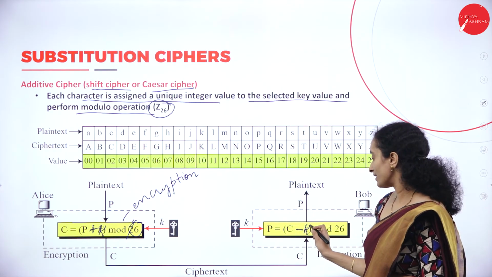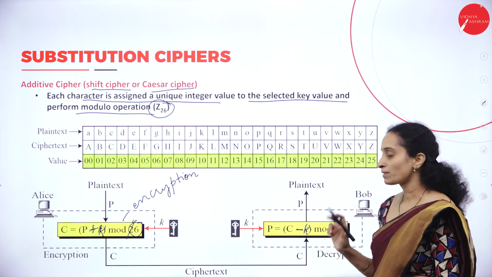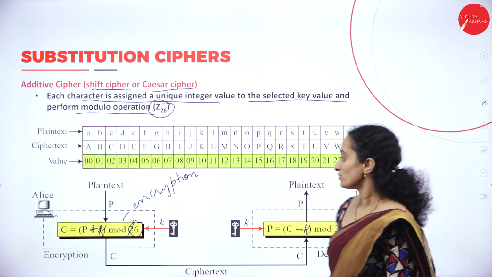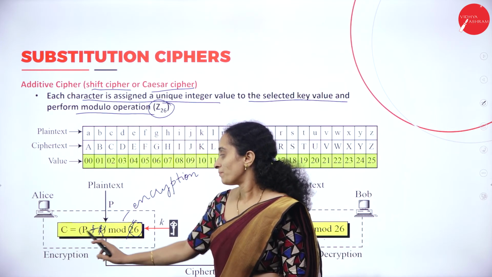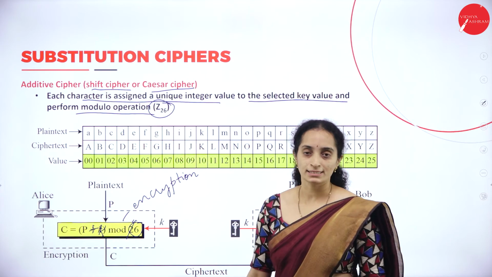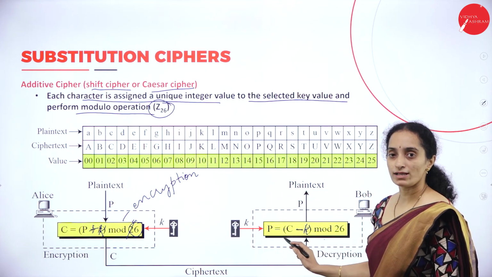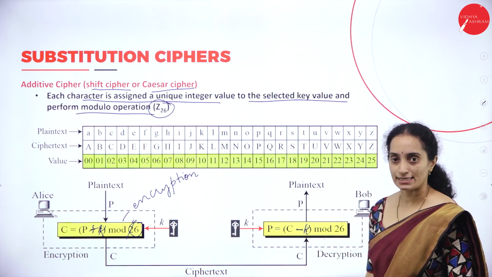C minus K, again with modulo 26, gives the plain text. So for encryption, the additive cipher has C equals P plus K mod 26, whereas decryption is P equals C minus K mod 26.